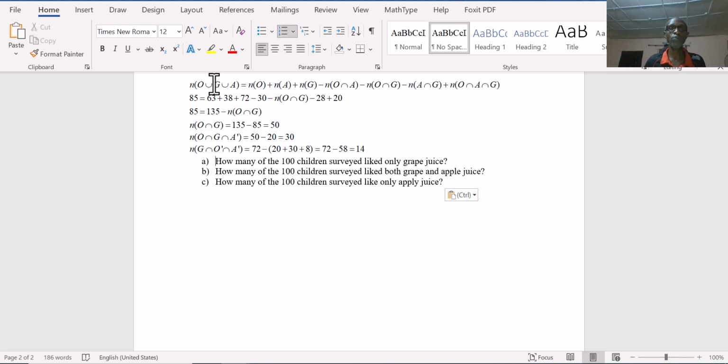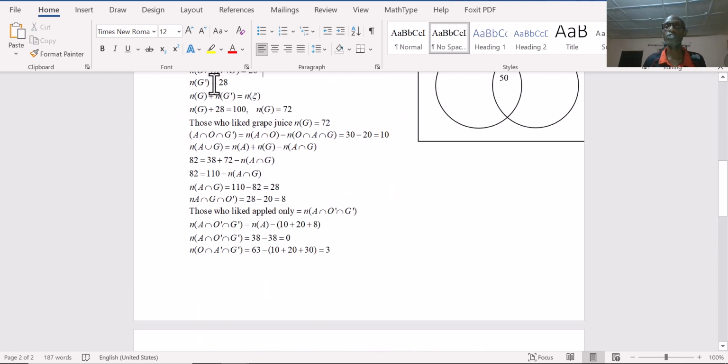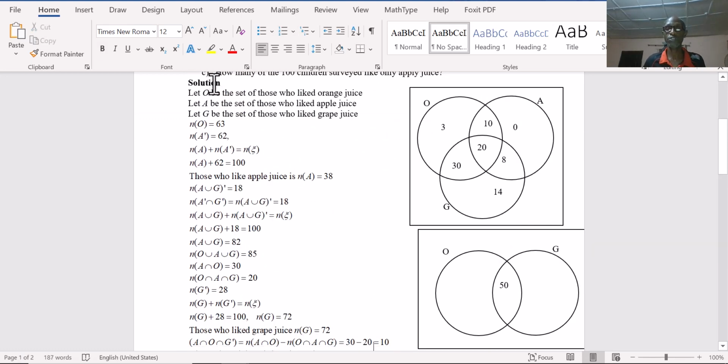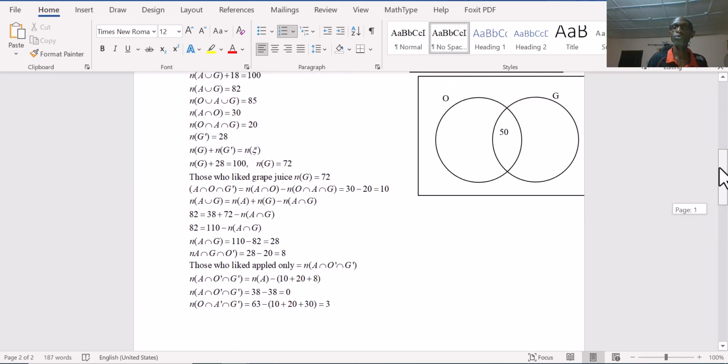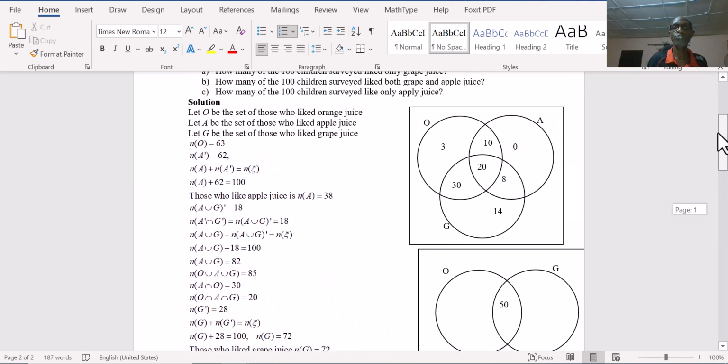Now the first one, how many like only grape juice? We have gotten that to be 14 from the diagram. How many of the 100 surveyed like grape and apple juice? So grape and apple, that's 28.